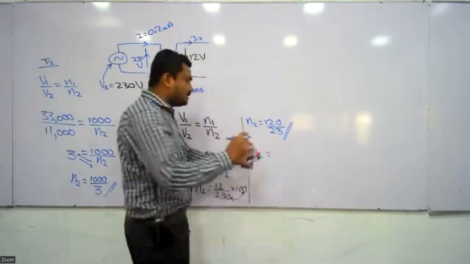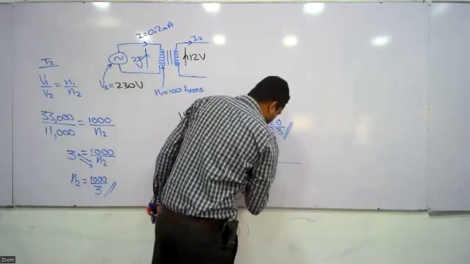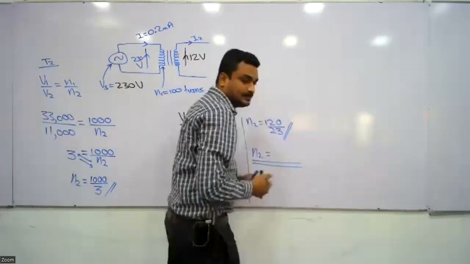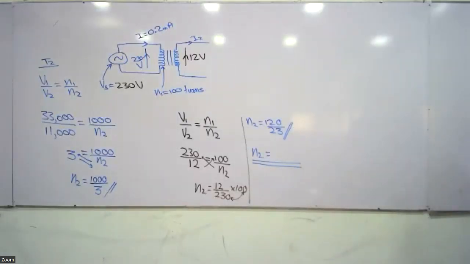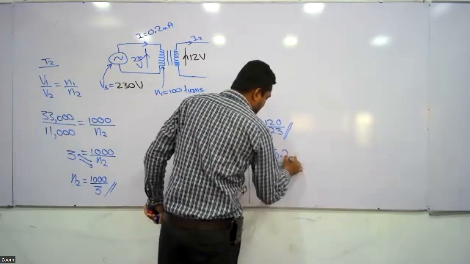Who got the answer up to this level as a fraction? Let's divide this. If you divide it, you will get 5.2. It means only 5 turns are there.